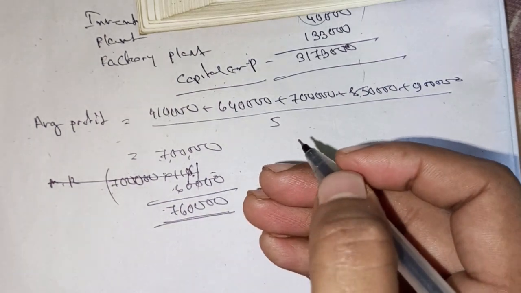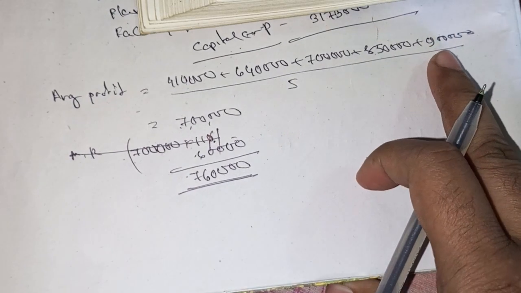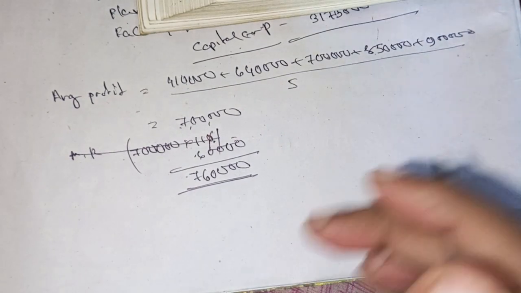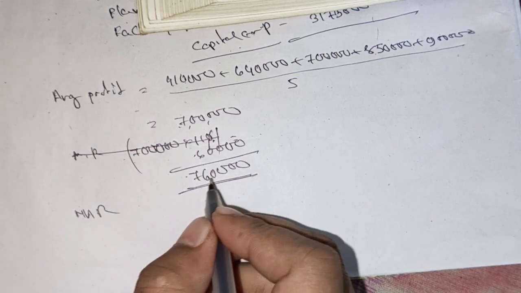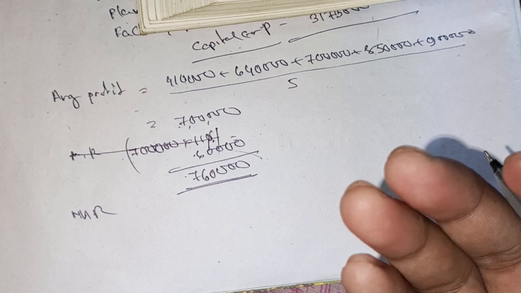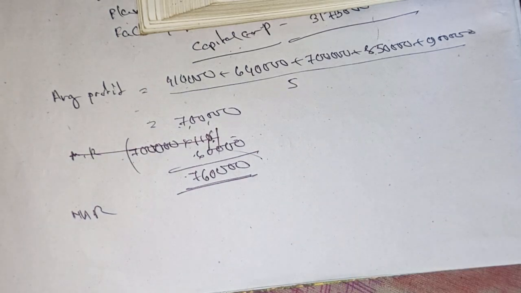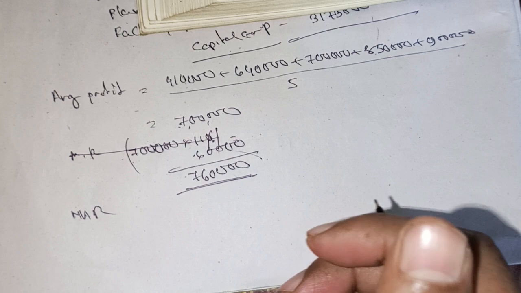Now you can give the managerial remuneration. Our managerial remuneration will be 11% of this, maximum. I am not entering into the law. If you want to know how to calculate managerial remuneration, you can comment here, and I will make a video on that topic.